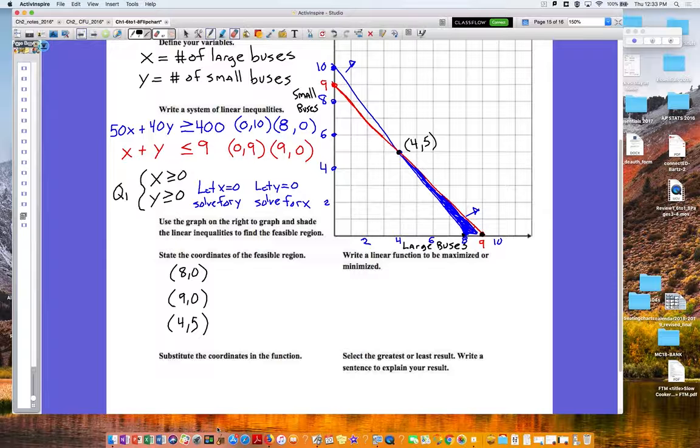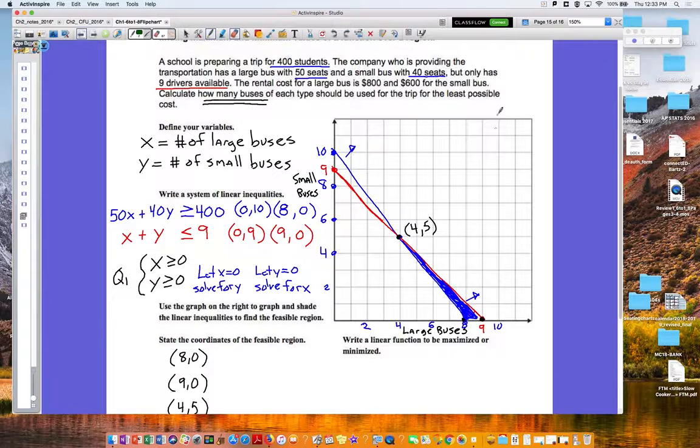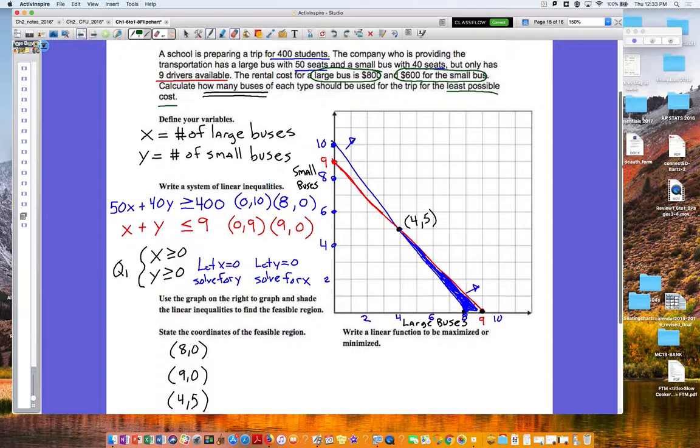Now, the next part is I need to figure out what am I trying to maximize or minimize. So I go back up to this problem here just a second. It says I want to have the least possible cost. So I'm minimizing, and it costs me $800 for a large bus and $600 for a small bus.